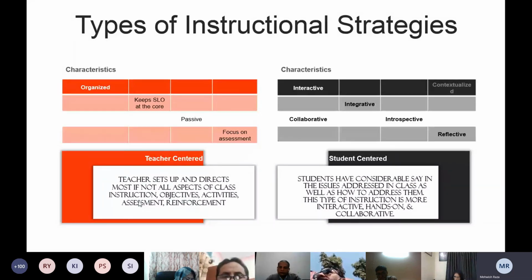They're more likely to identify where did they lack, how could they improve themselves. So these are the overarching characteristics of different instructional strategies.